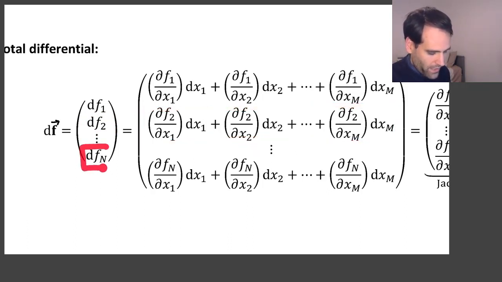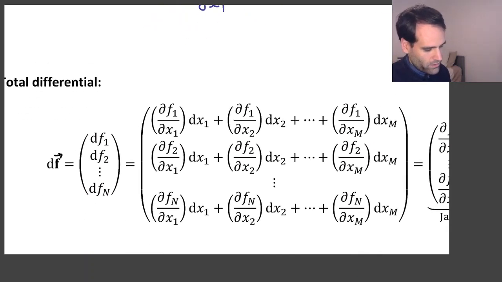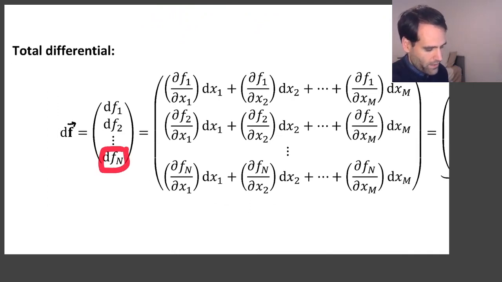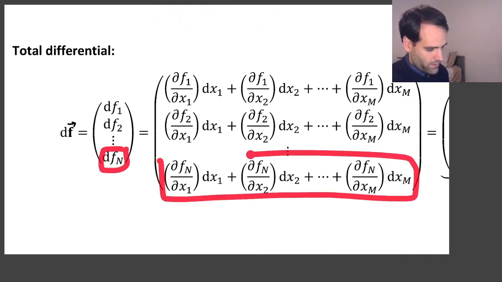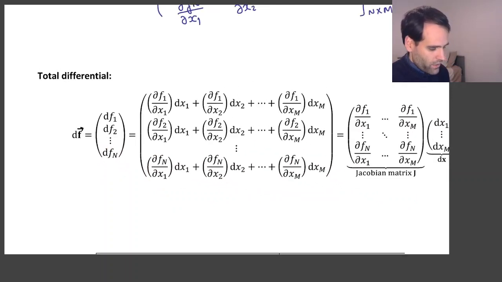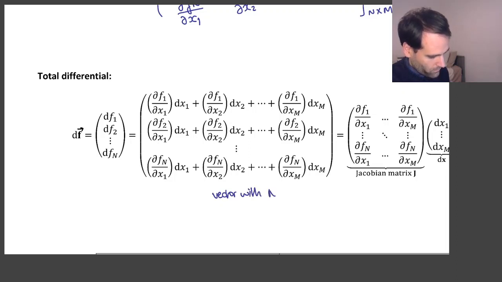And then the final element of this vector is the total differential of the last component of vector f, dfn, which is given by this function here. So if you look at this, this is a vector, okay? This is a vector with n rows and only one column, yeah?